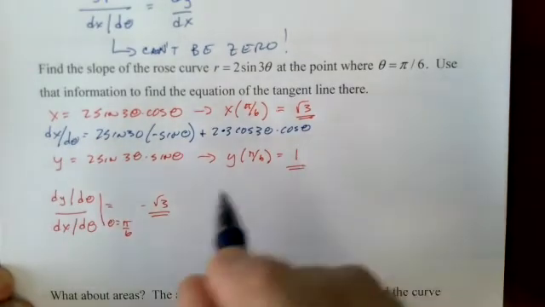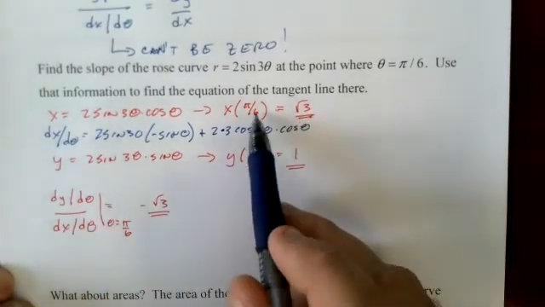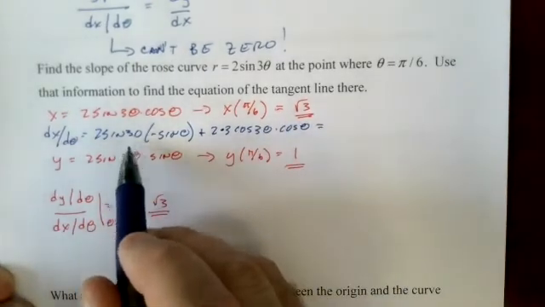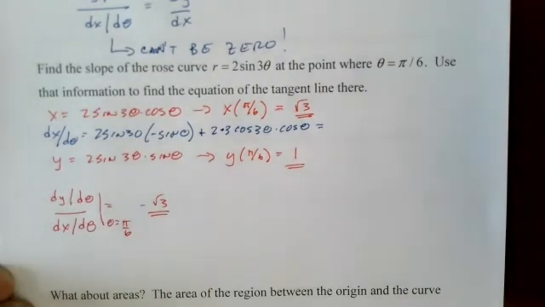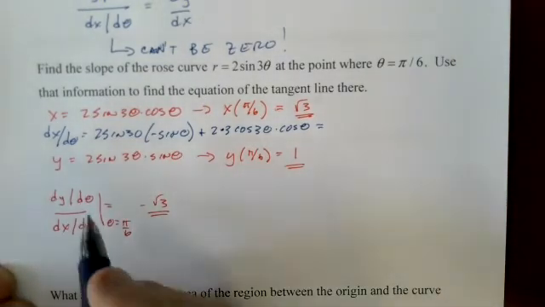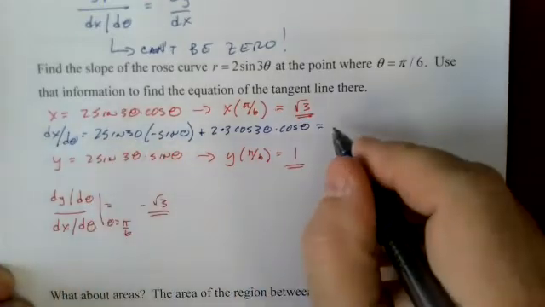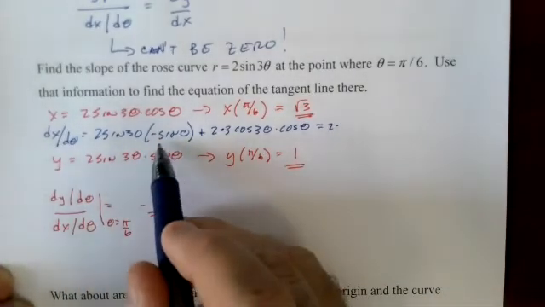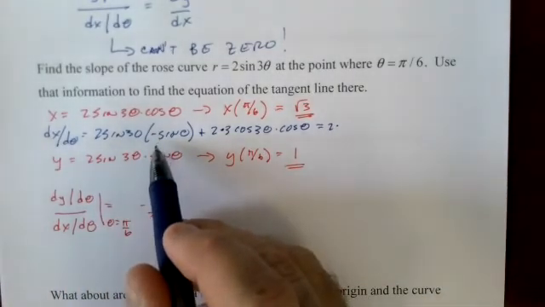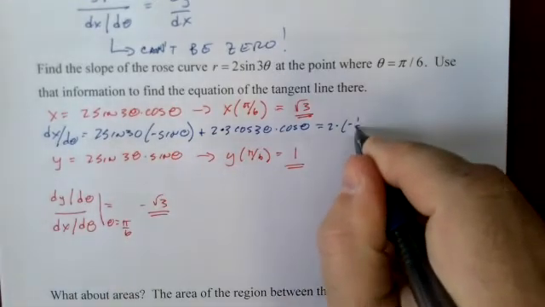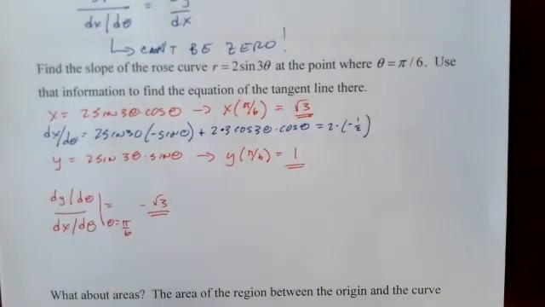Plug in, what is it? Pi over 6. And you get 3 times pi over 6. It's pi over 2. Sine of pi over 2 is 1. 2 times negative sine of pi over 6, negative 1/2. Is that right?